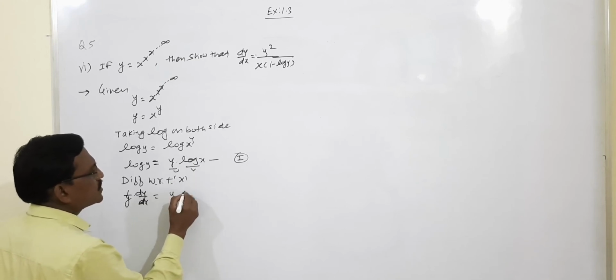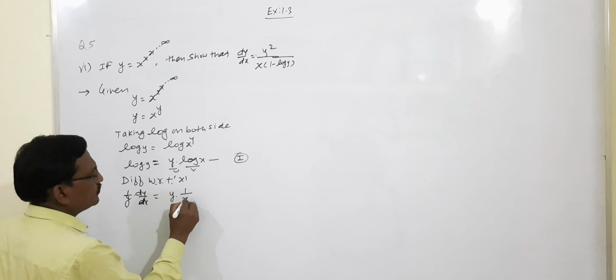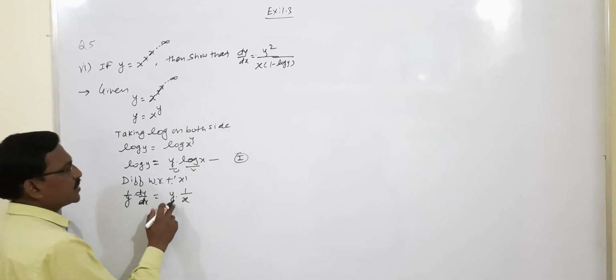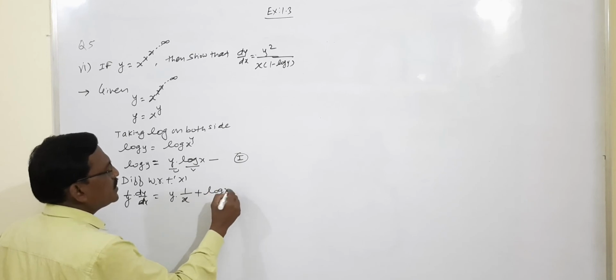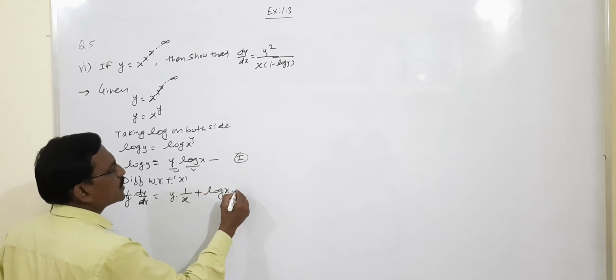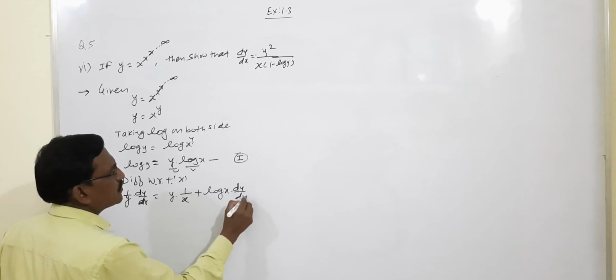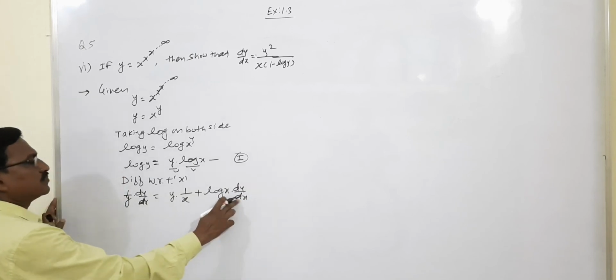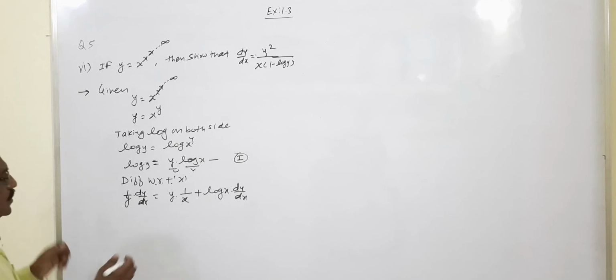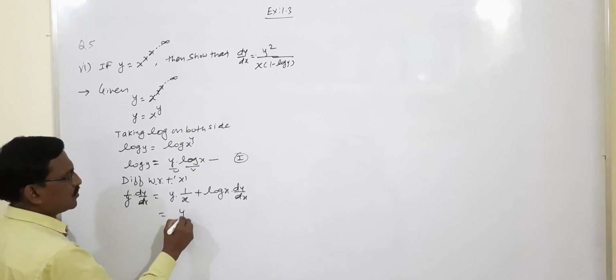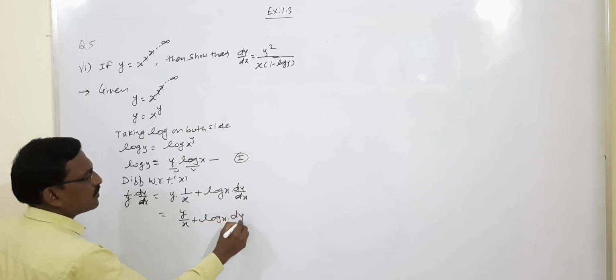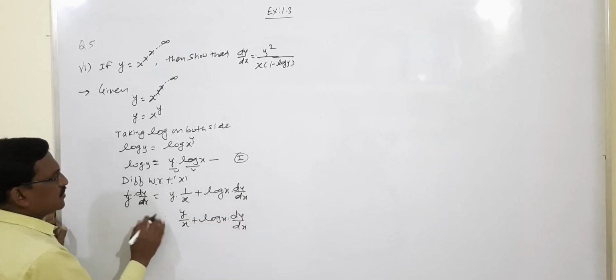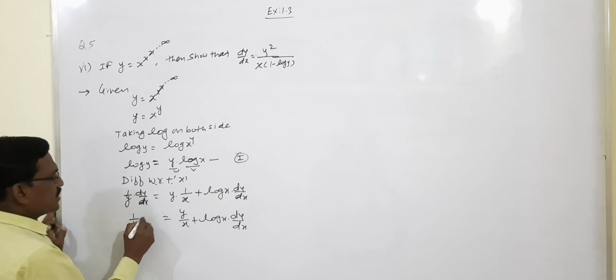So the derivative of log x is 1 by x. First function as it is into the derivative of the second, plus the second function, that is log x as it is, into the derivative of u, that means dy by dx. Here actually it is y by x plus log x into dy by dx.